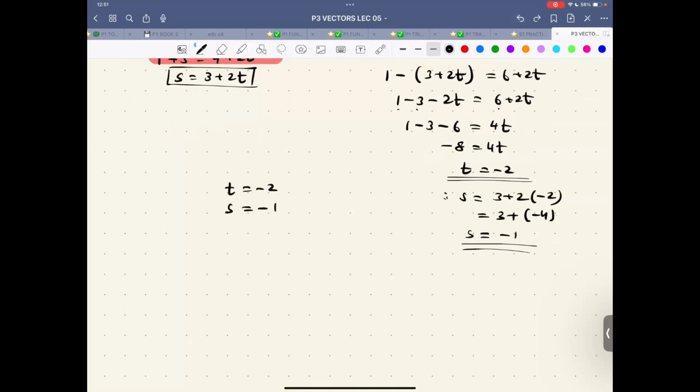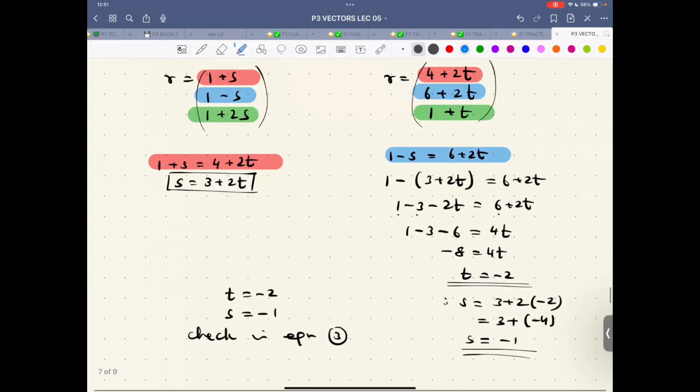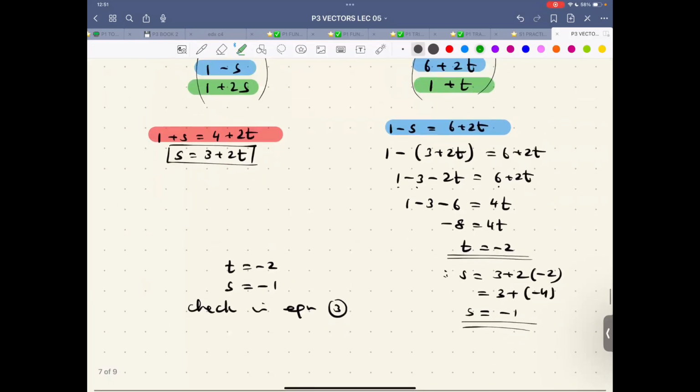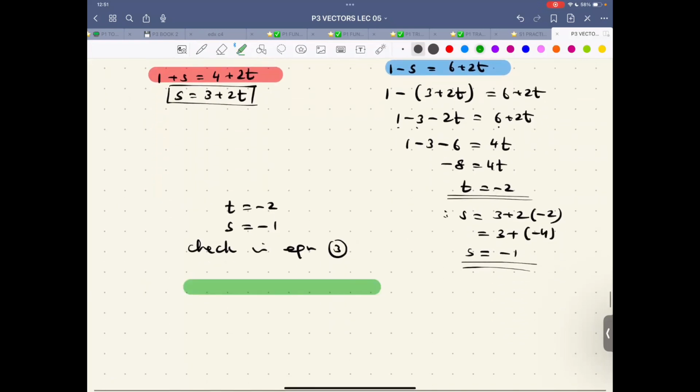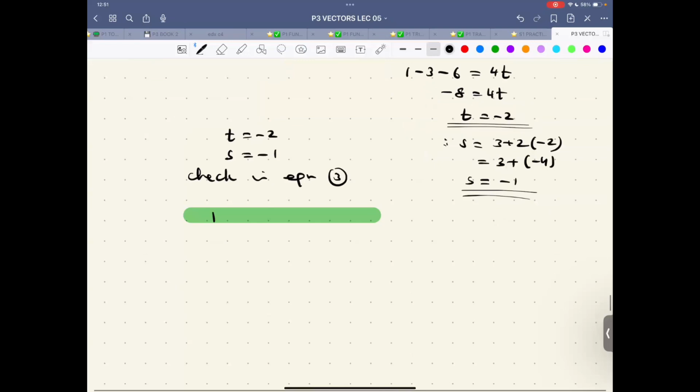Check in equation 3, the third remaining equation, that is the green one. So the green is 1 plus 2s, 1 plus t. t is negative 2, so this is 1 plus negative 2, which comes out to be negative 1.